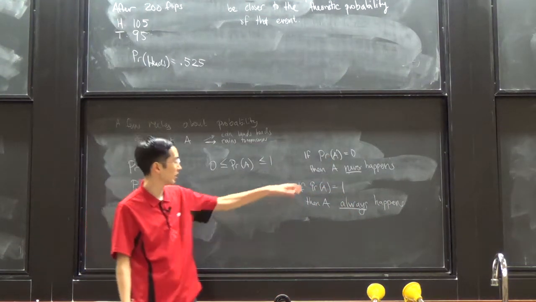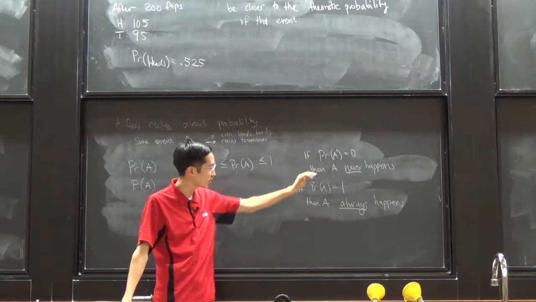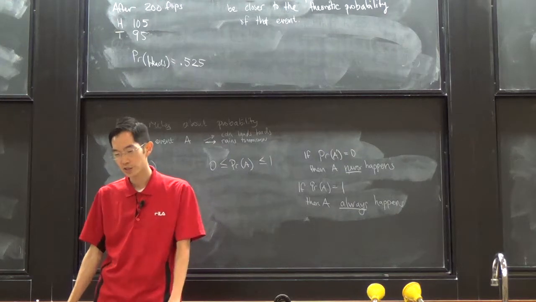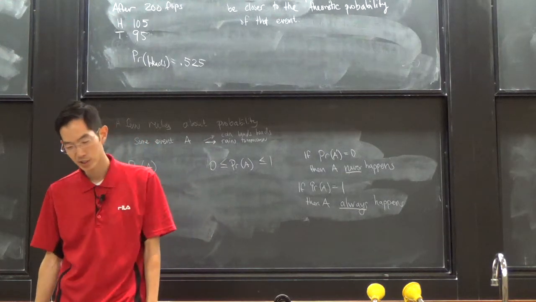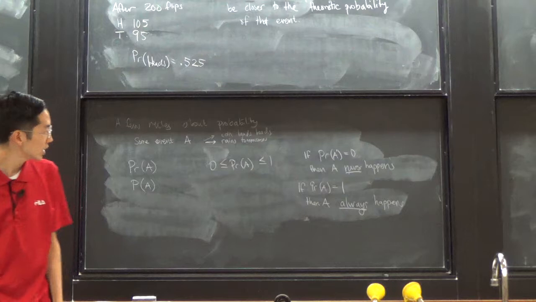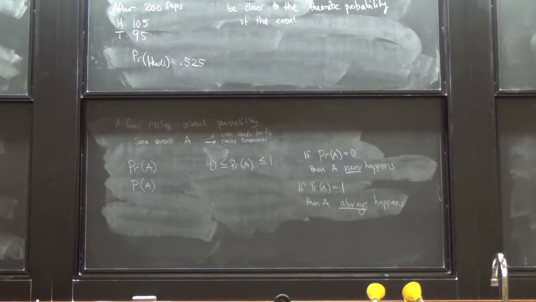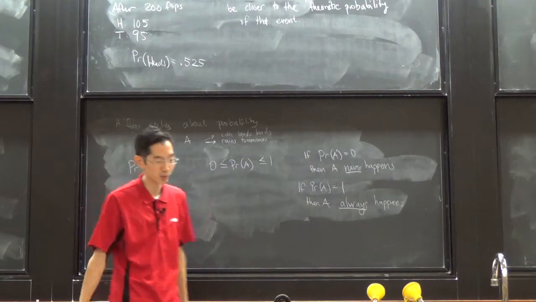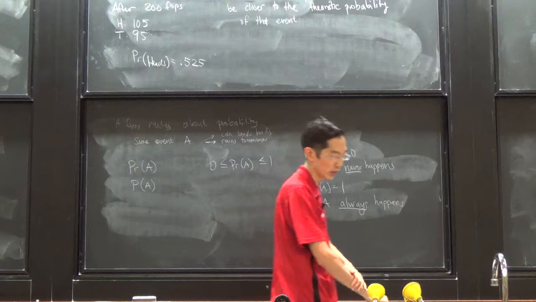I guess you could say over here A is impossible and A is certain. You want to put things in different words. But most of the time, it would be some number between 0 and 1.